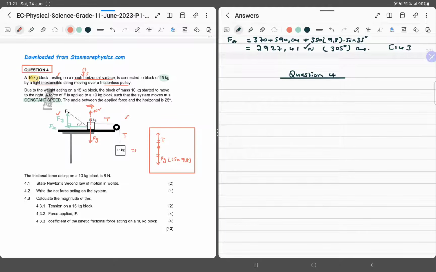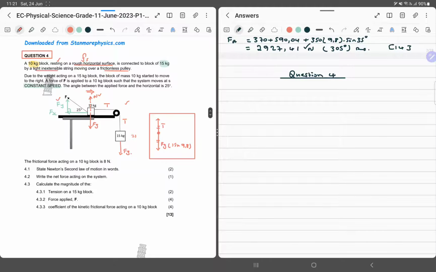So now, once we've done that, we are sorted, because here we also know that the weight is basically doing its things down. So once we work out things like that, we can move on.